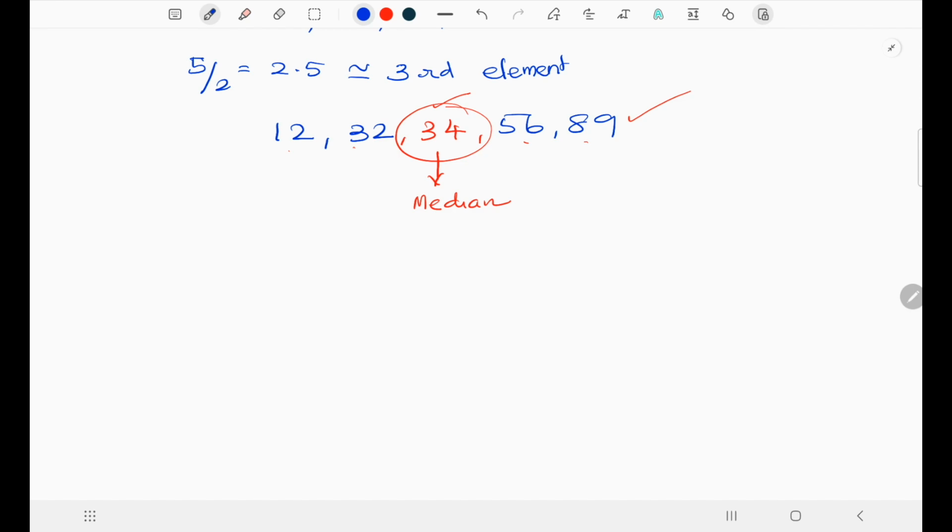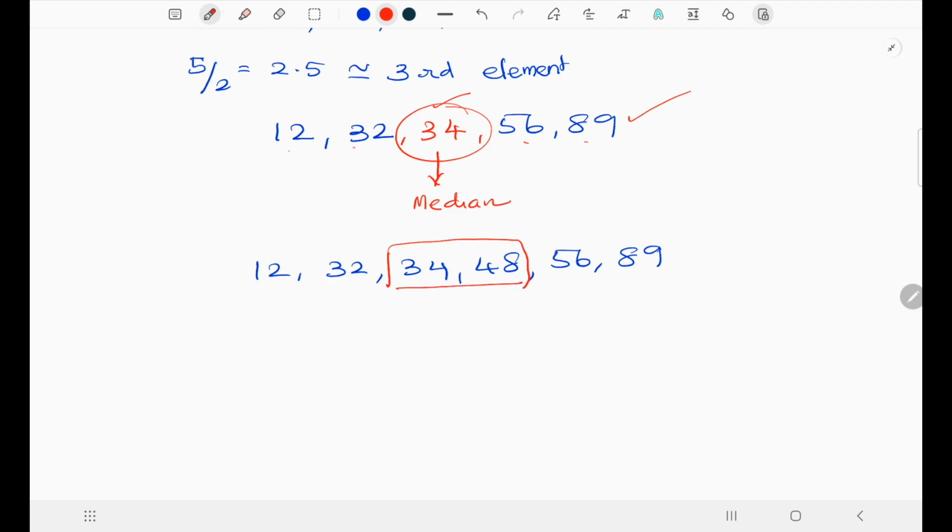For example, say we have 12, 32, 34, 48, 56, 89. If we have an even number of elements, these two are the middle elements.